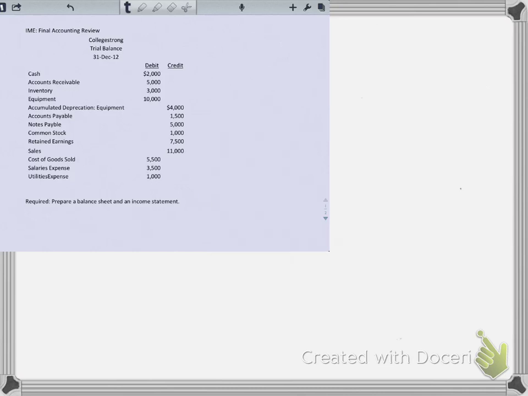There was a second part to this problem, and it should be on the second page that was sent to you. That's a different question. It asks you if the sales price per unit is $20 per unit and the cost of goods sold is $5 per unit, how many units must be sold to break even?